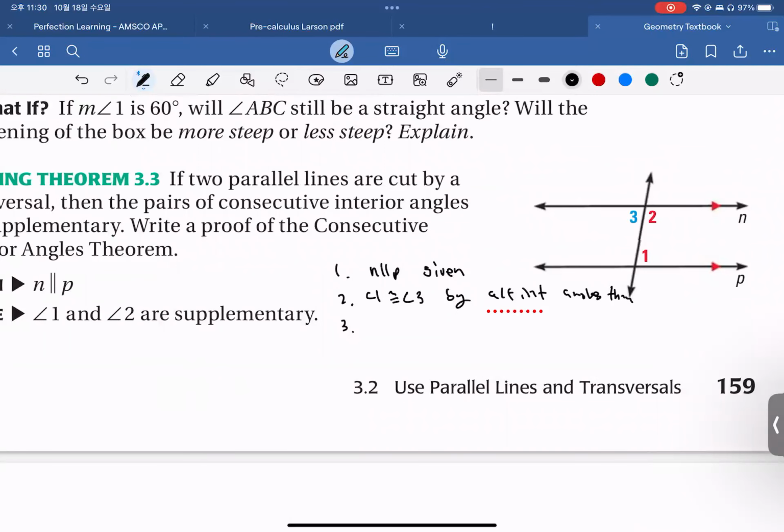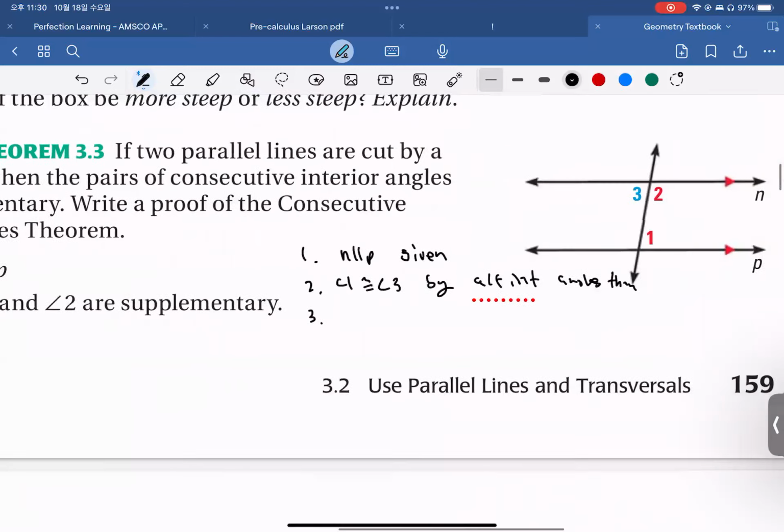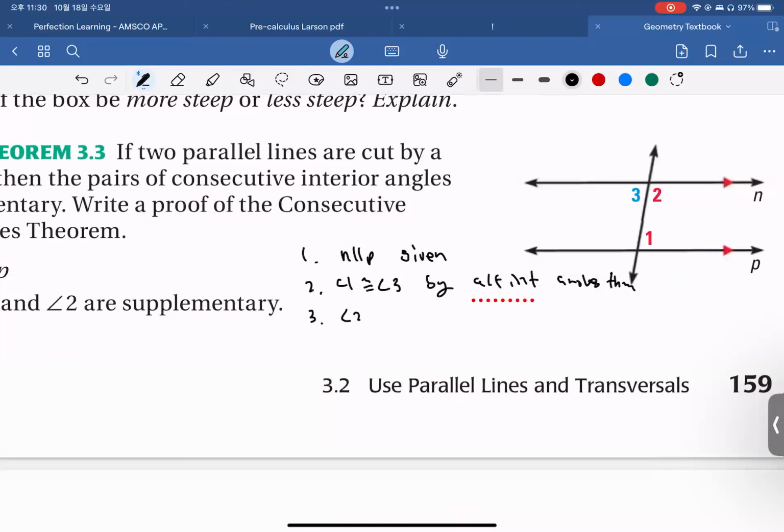And because we know how supplementary angles work, we know that measure 2 plus measure 3 is equal to 180 degrees.